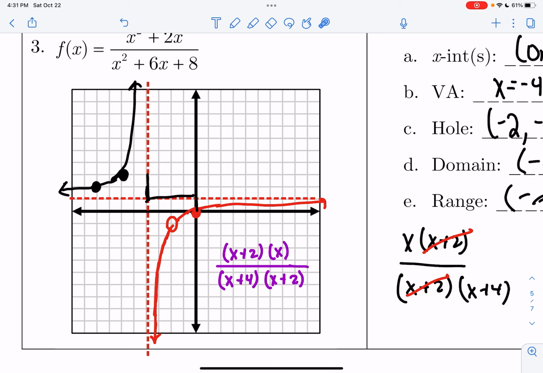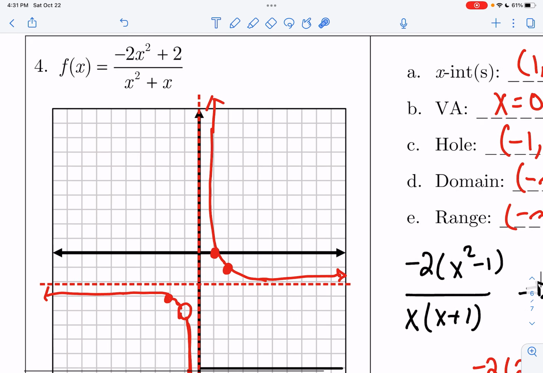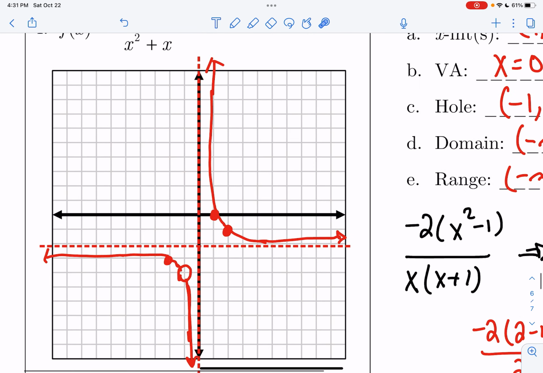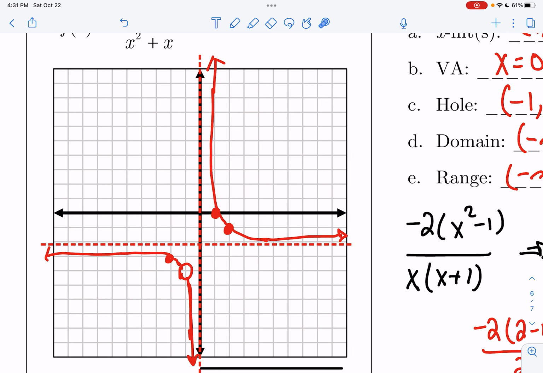Same thing with number 4. If I were to try and find the equation of the graph given this, I know that my vertical asymptote is at 0, so I need to have an x in the denominator. I also know that since this is a hole at -1, I need to have x plus 1 on top and x plus 1 on the bottom.